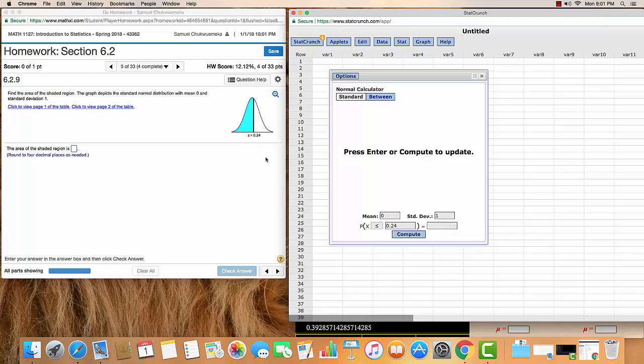That's in the next section, which is 6.3: if it is not a standard normal distribution, meaning the mean is not 0 and the standard deviation is not 1, then we have to convert the variable to z-score first. Then we can use the standard normal distribution table.